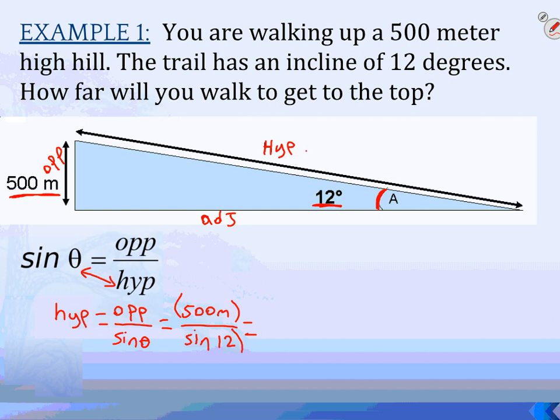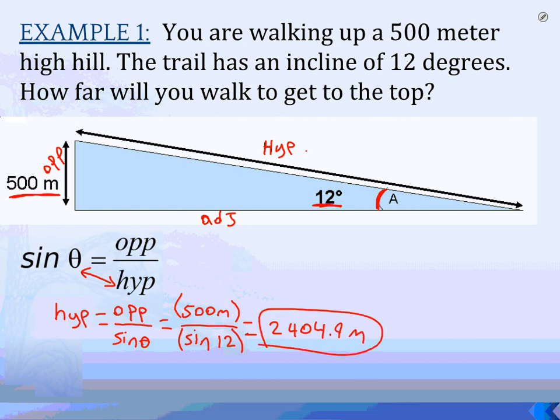You also probably put them down here too. So we do 500 divided by the sine of 12, and you get 2,404.9 meters. So that is the answer there.